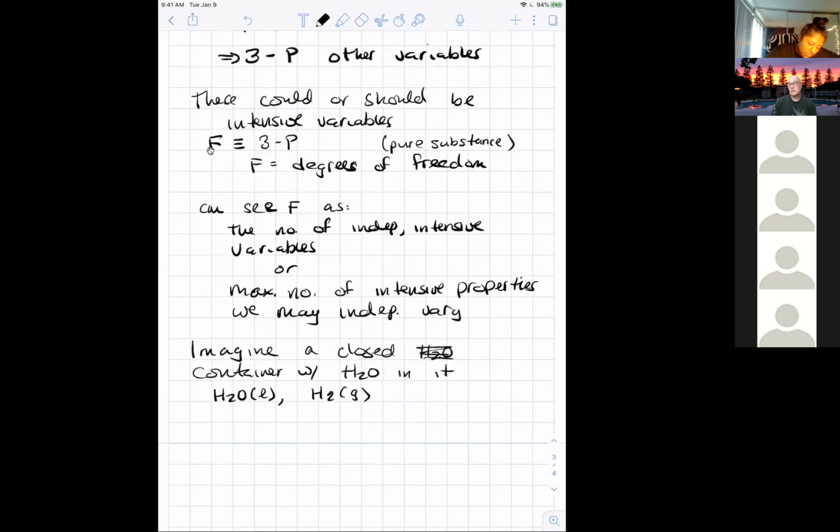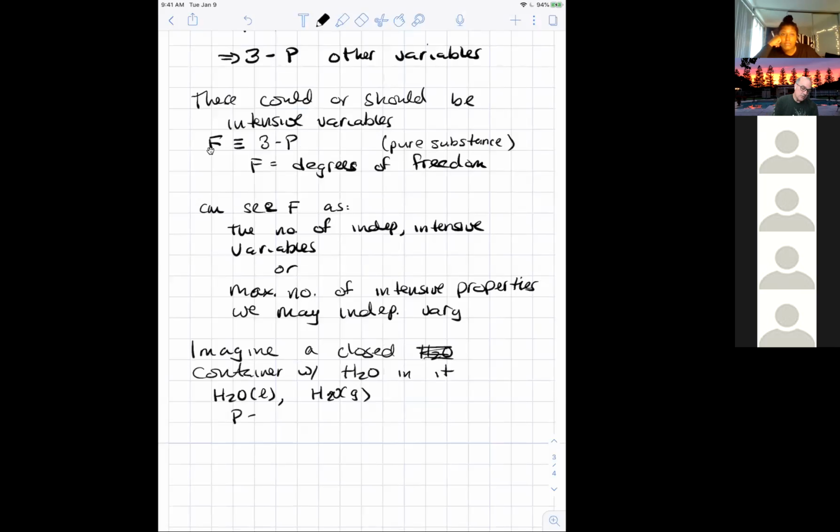Remember this has to be pure. So what we're going to do is get a vacuum, right? And somehow put some liquid water in that vacuum. And we know from freshman chemistry that there's going to be some water vapor coming off the liquid, and it's going to reach some equilibrium pressure.